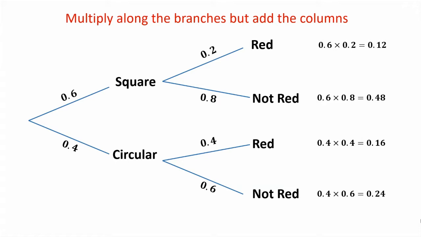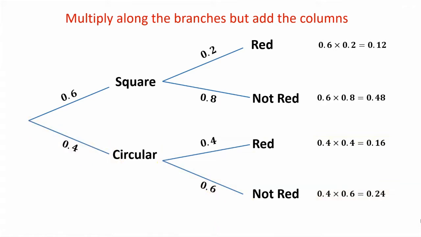For example, if you wanted to work out the probability of a square followed by a red, it's a multiplication to give you the answer. So multiply along the branches. But it's definitely always multiplying along the branches to get the probabilities at the end.